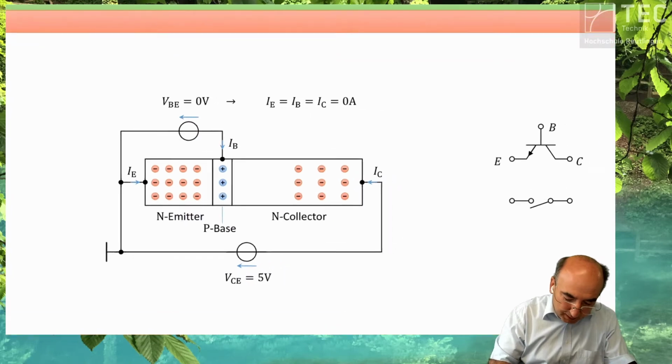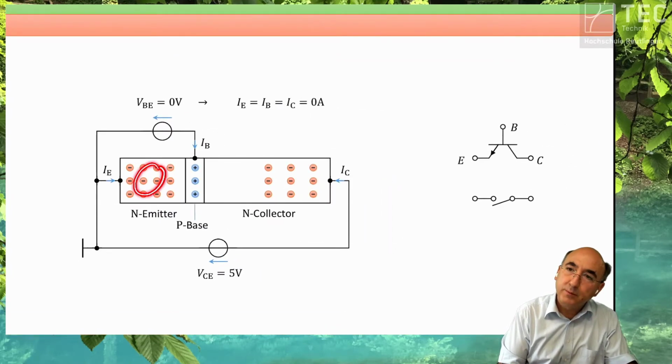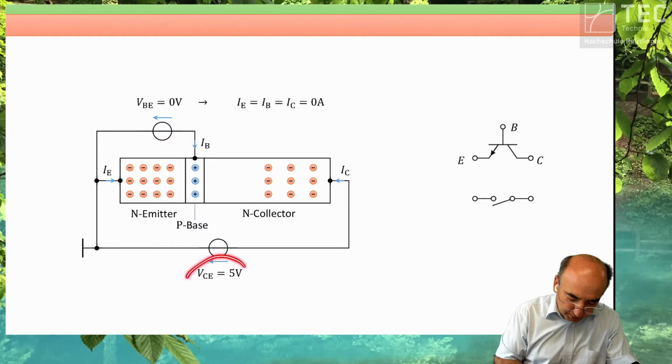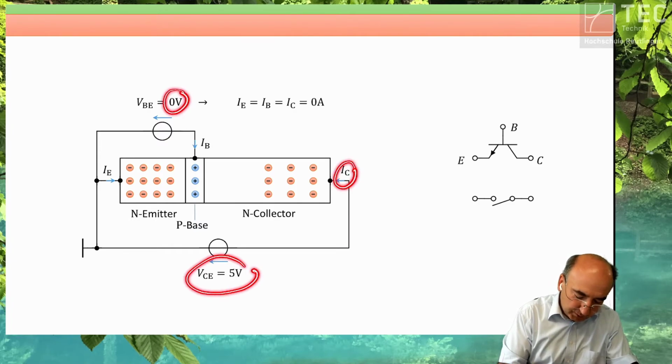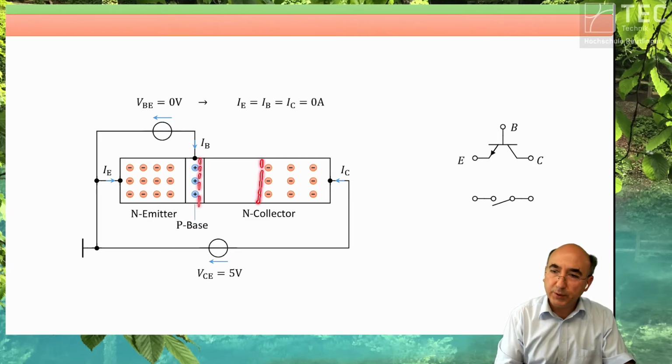Why? Because we have the majorities, the N-type. These majorities, okay, first we have zero bias, and at 5 volts at the collector, if we have here a 0 voltage, if we have here 5 volts, then we have the so-called extended space charge region, because this diode is reverse polarized.